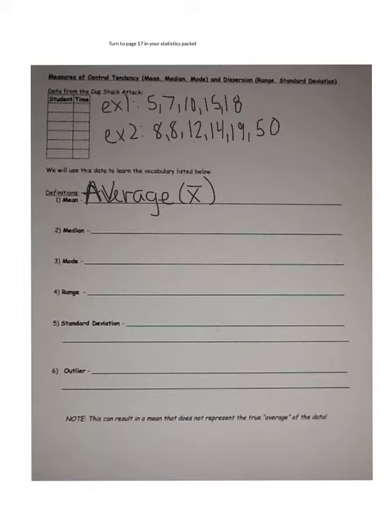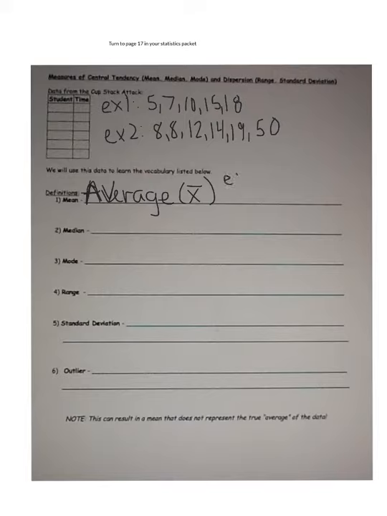Okay, so I wrote down two examples at the top of the page. I have example 1 and example 2. So we're going to find the mean of both of these right now. So to find the average, we are going to add up the values and we divide by how many numbers are in the set.